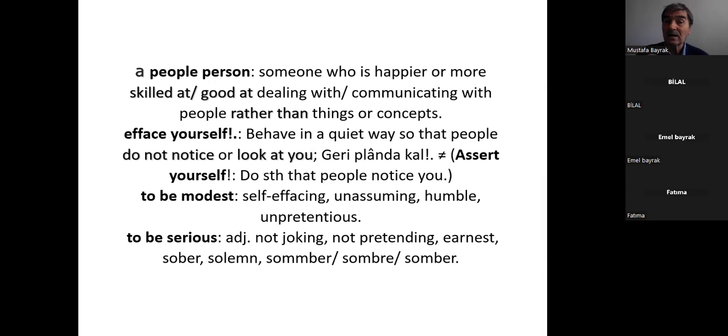Unpretentious. He or she does not pretend to be or to do or to have something. To be serious, adjective, not joking, not pretending, earnest, sober, solemn, somber, also means serious. Okay.